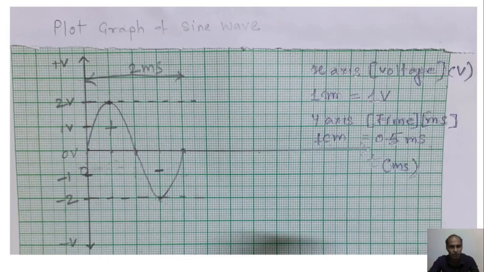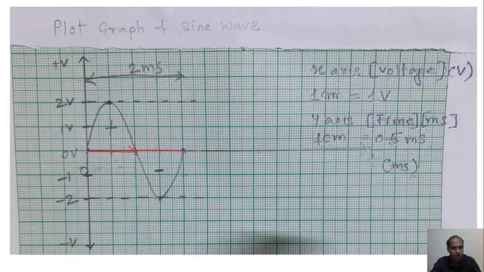On one axis, the time axis, we have taken 1 centimeter equal to 0.5 millisecond. This is 1 millisecond, and the other half cycle is another 1 millisecond. So in total we have 2 milliseconds on this side.